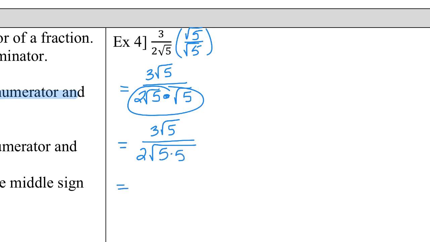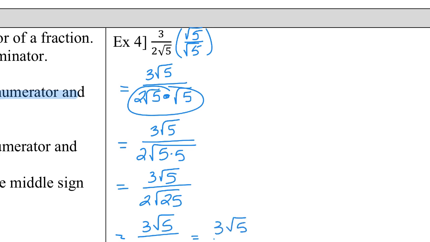Well, 5 times 5 makes 25, so square root of 25. And I know the square root of 25 is just a 5. This is really 2 times 5, which makes 3 square root of 5 over 10. That's how we get rid of a radical in the denominator.